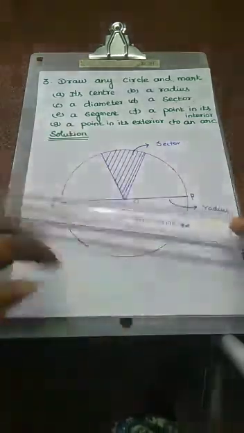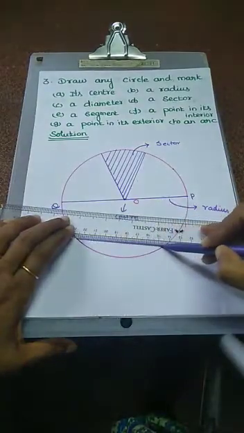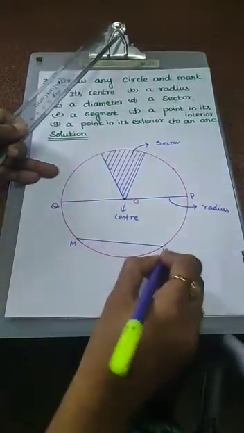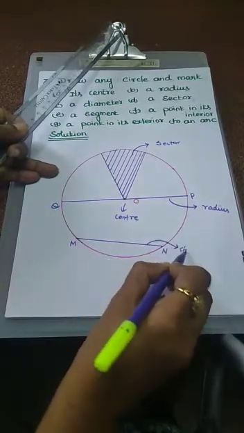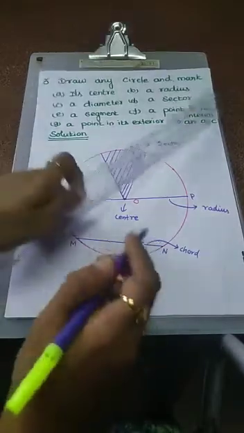Segment: take any 2 points on the circle. Suppose M and N. MN is a chord. The region between an arc and the chord is a segment.